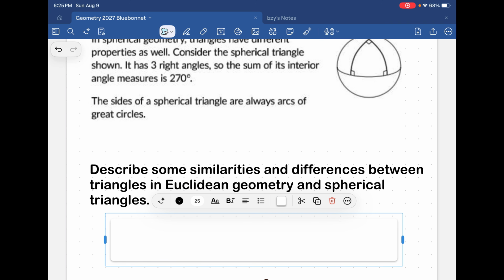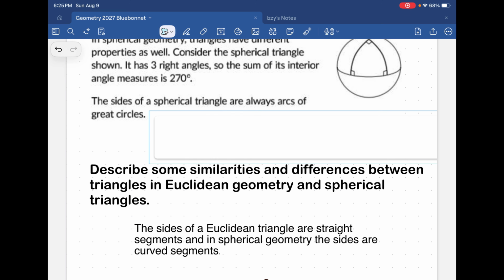I've also noticed that in Euclidean geometry, the sides are straight, and in spherical geometry, our sides are curved segments.